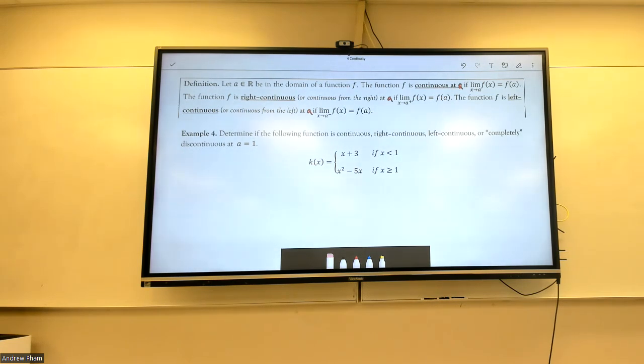So here, since we're still using the left, right, and two-handed limit, if I am left continuous and right continuous, that means I'm continuous. It's kind of like two-handed continuous. The same thing in the opposite direction. If I'm continuous, that means my limit exists. For my limit to exist, the left and the right-hand limits have to be the same.